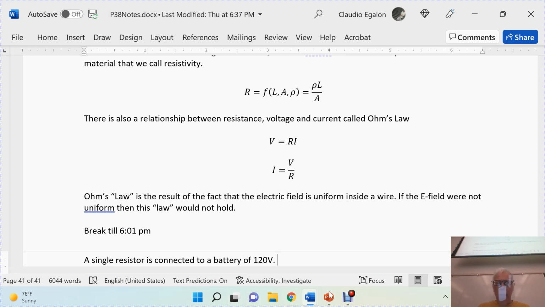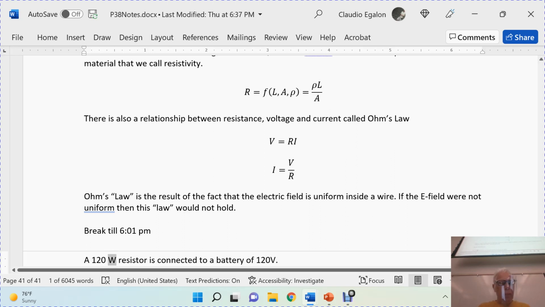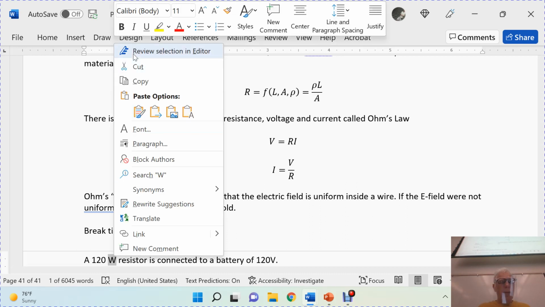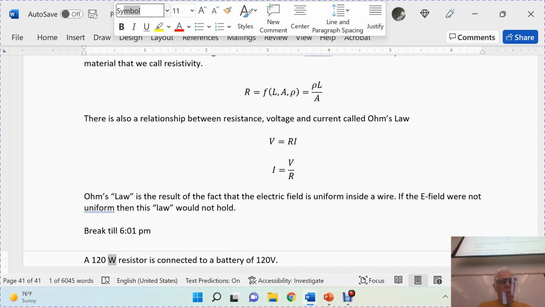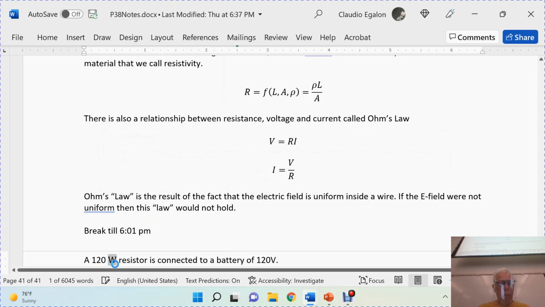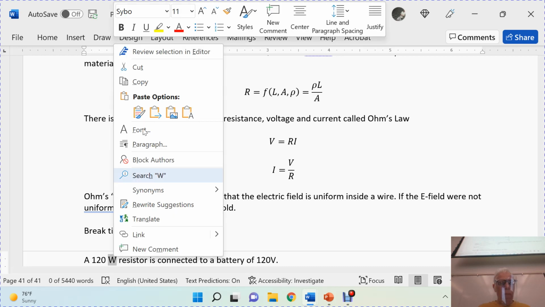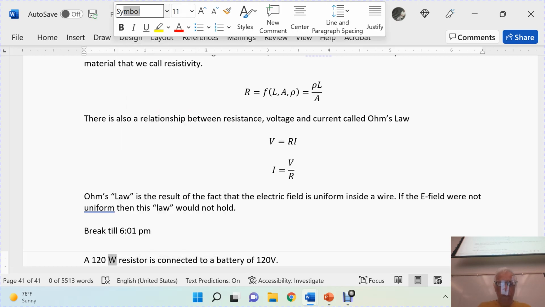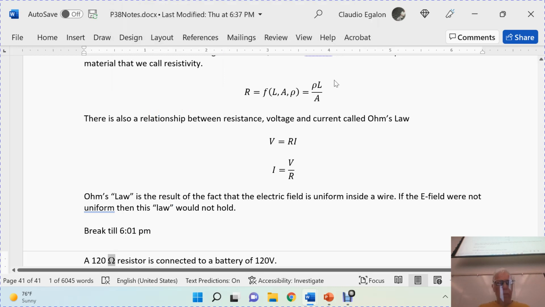Let's say a 120 ohm resistor is connected, symbol, here you go.